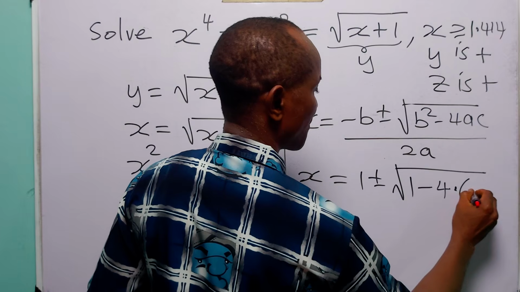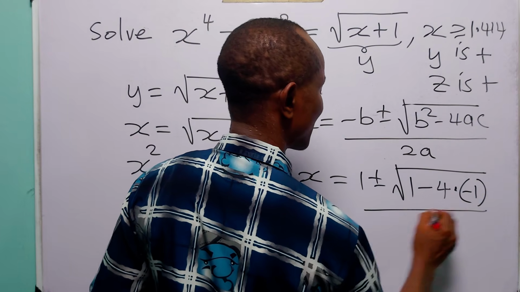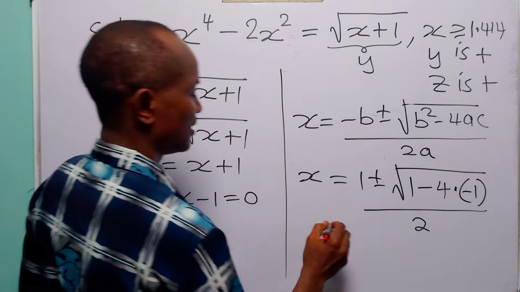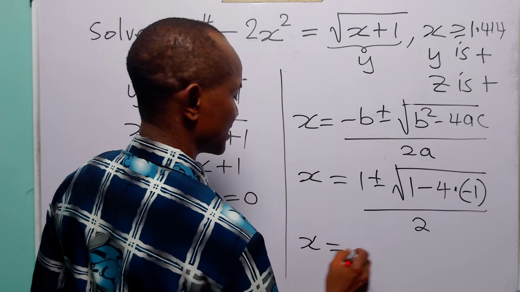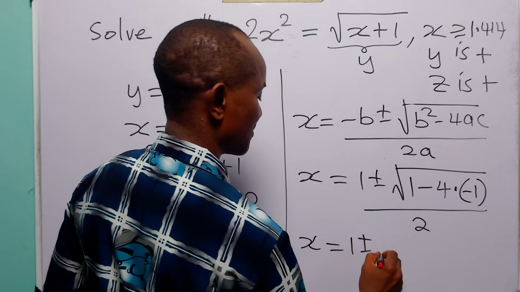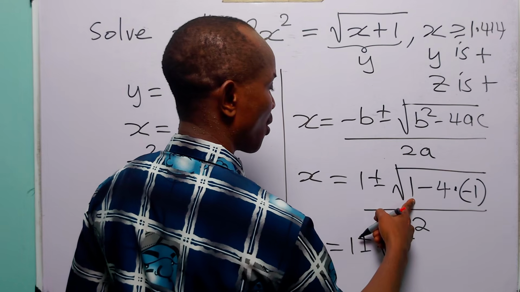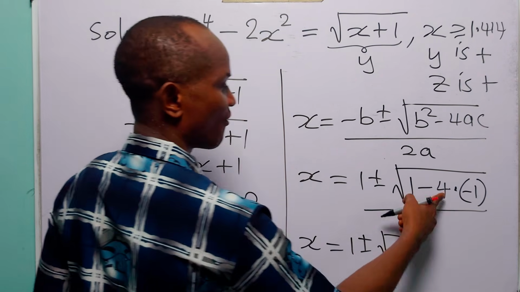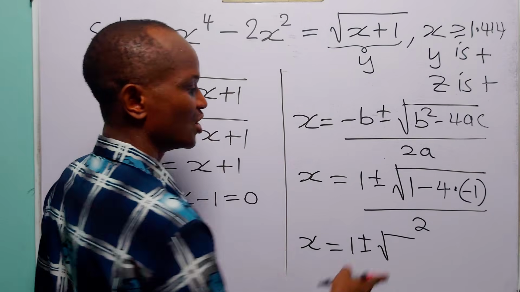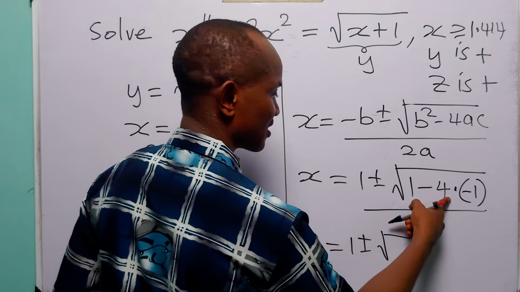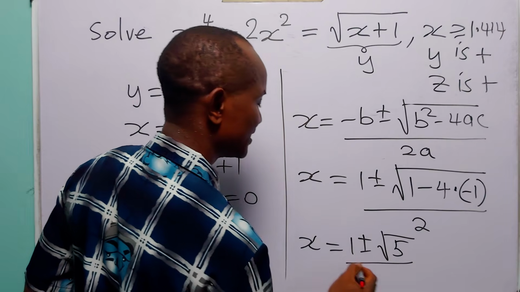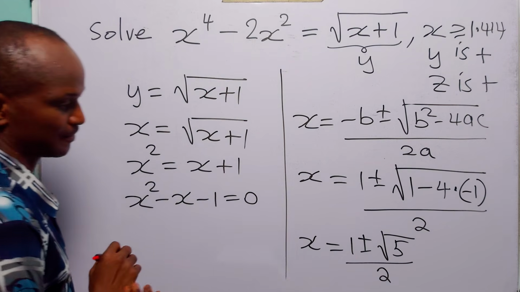So here we have the denominator 2 times a, and a is 1. So we have that x is equal to 1 plus or minus the square root of 1 plus 4 times 1, which is 4. So this is 1 plus 4, which is 5, divided by 2.